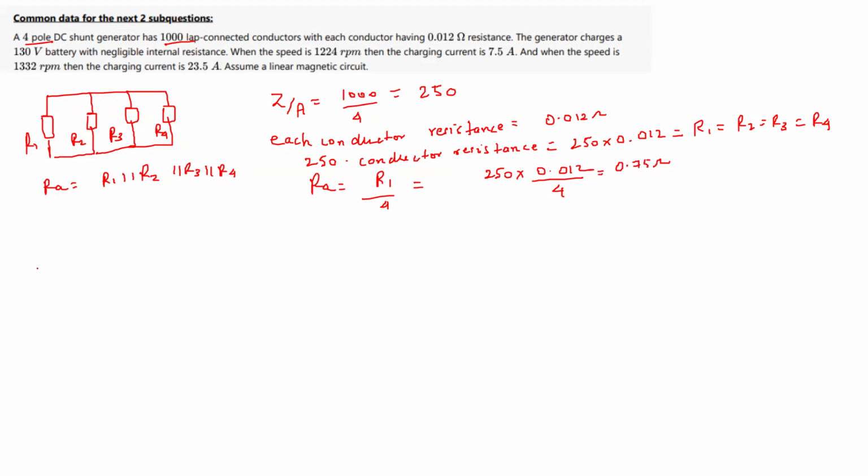Now the change in speed for which there is a change of current: N1 minus N2, or delta N, is equal to 1332 minus 1224, which is 108 RPM, and I1 minus I2, which is delta I, is equal to 23.5 minus 7.5, which is 16 ampere.